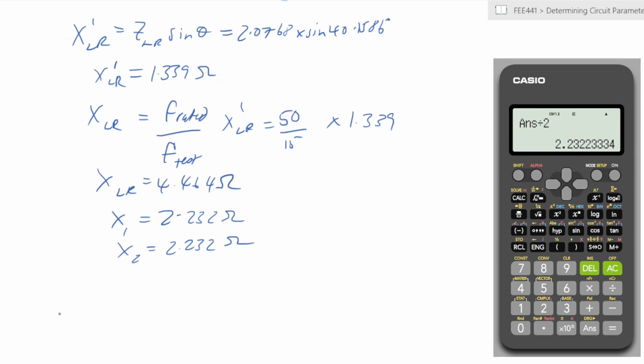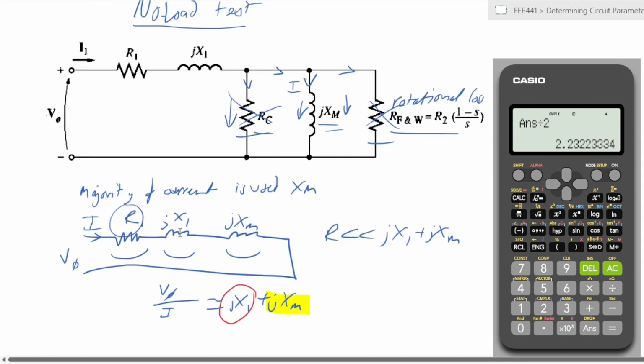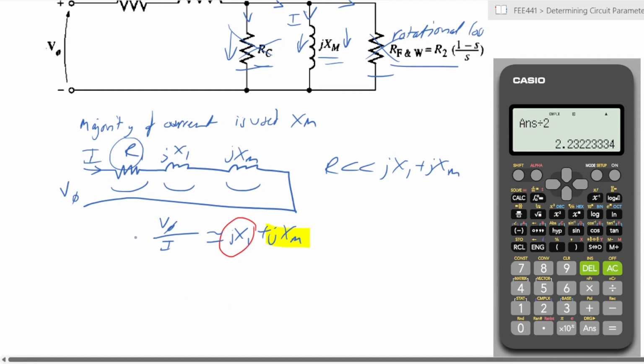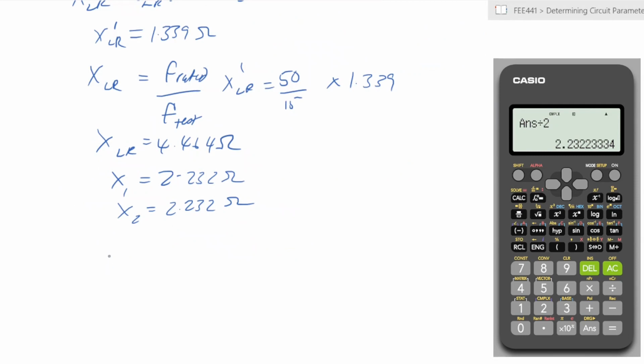Remember, the only one that's remaining is XM. We can use the identity that in our no load test, the phase voltage over the current, which is the Z no load, is given by X1 and XM. We have just calculated X1 here. So XM will be equal to X no load minus X1.